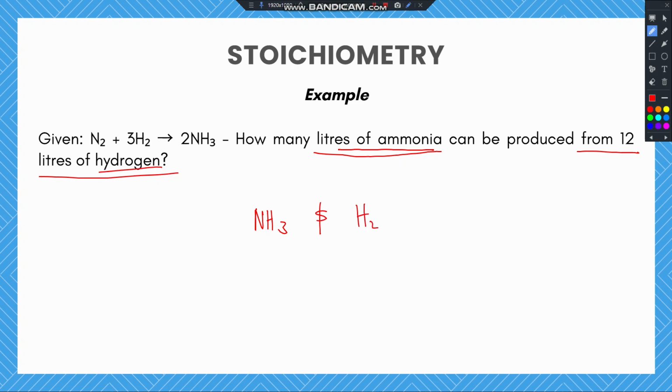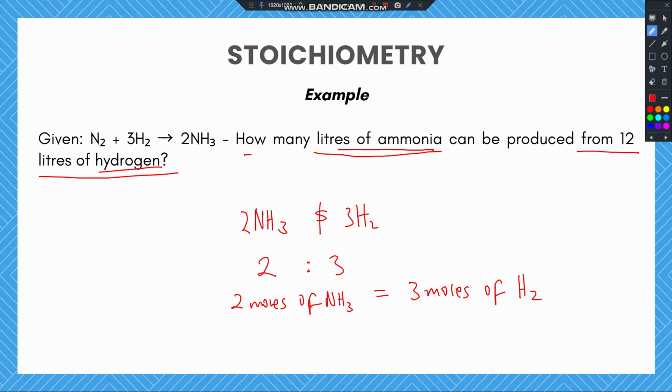From the equation, the mole ratios are, we have the coefficient 2 and for hydrogen we have 3. So the mole ratio becomes 2:3. This simply means 2 moles of NH3 are produced by 3 moles of H2.